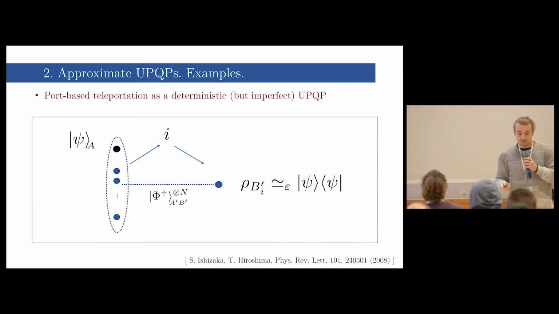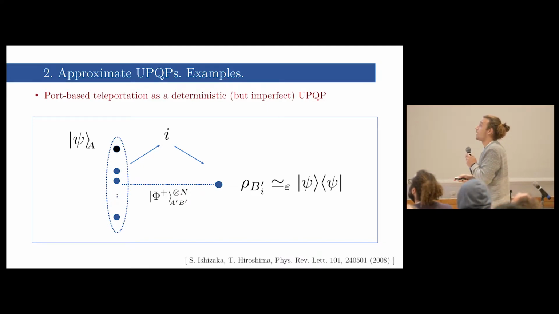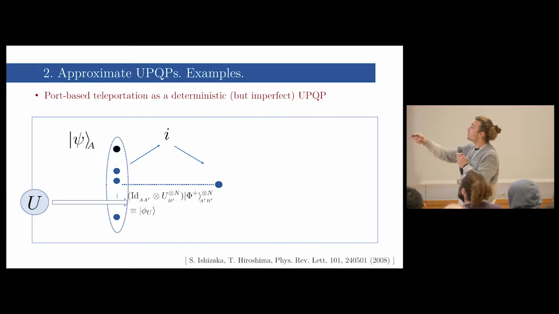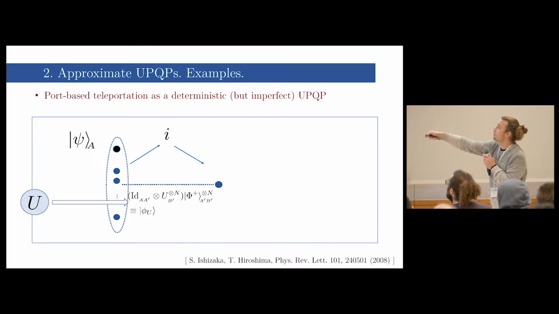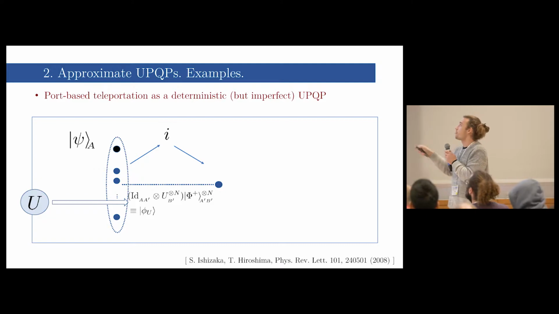If we follow a similar strategy as before, in order to turn this into a UPQP, we again encode the information about our unitary in the entangled resource that the two agents share.